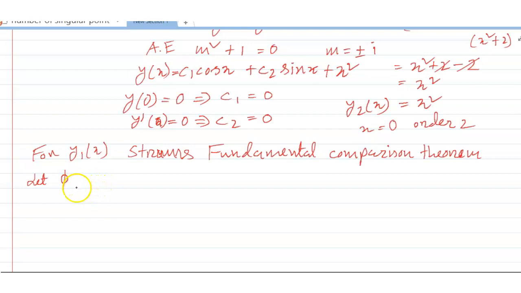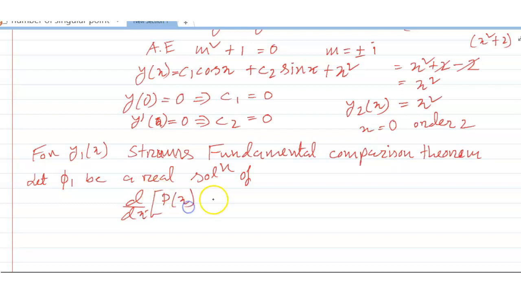Let phi 1 be a real solution of d/dx of (p(x) dy/dx) plus phi 1(x) y(x) equals 0.